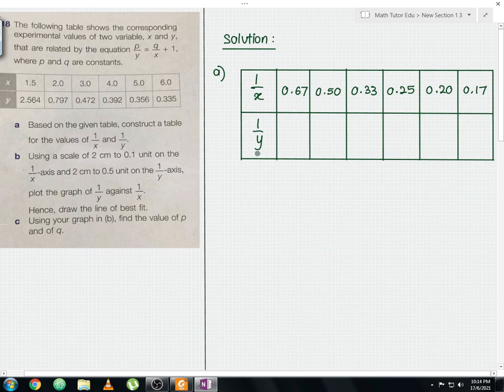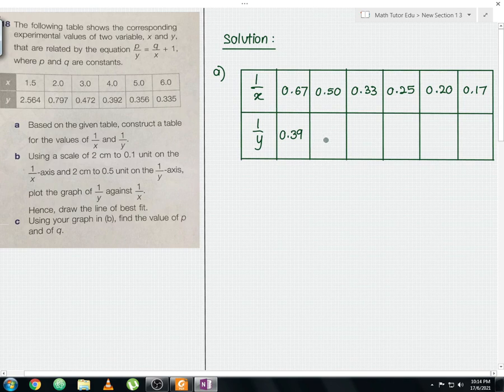Similar concept. So for the first one, you divide 1 by 2.564, and you should get a value of 0.39. Okay, so apply the similar thing throughout for all the y values respectively.